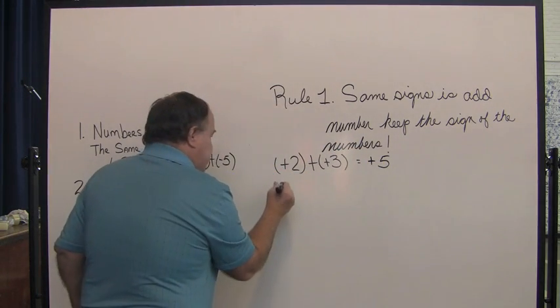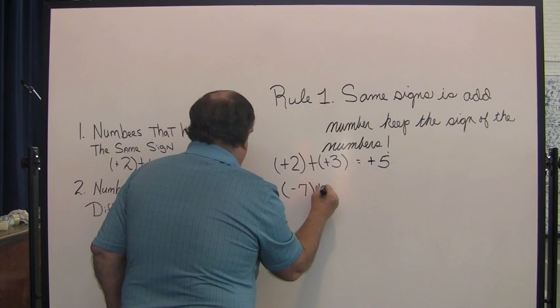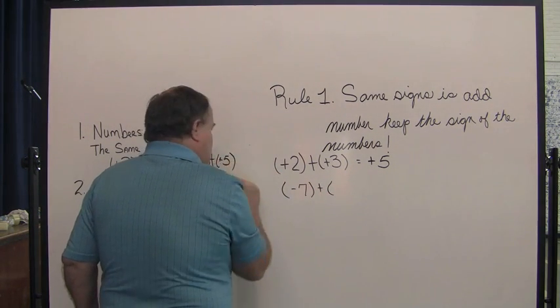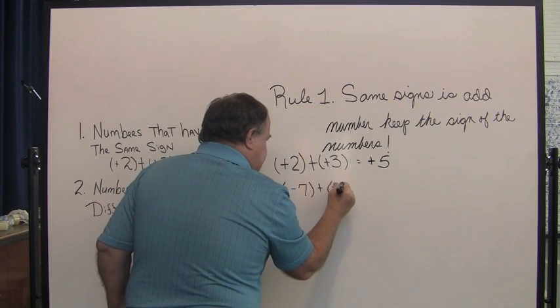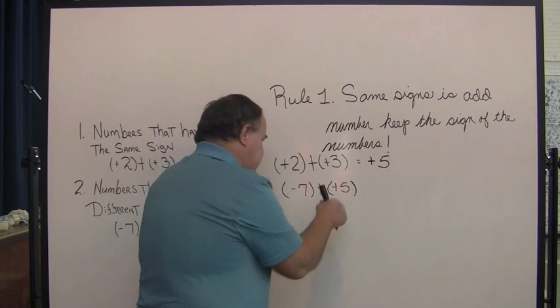Now over here, conversely, if I had a negative 7 plus a negative 5, they're the same sign. Sorry, negative.